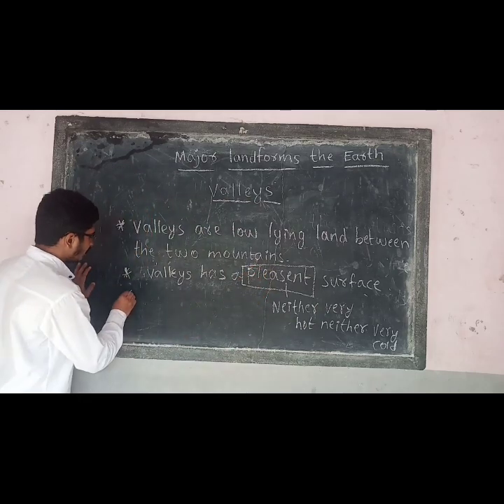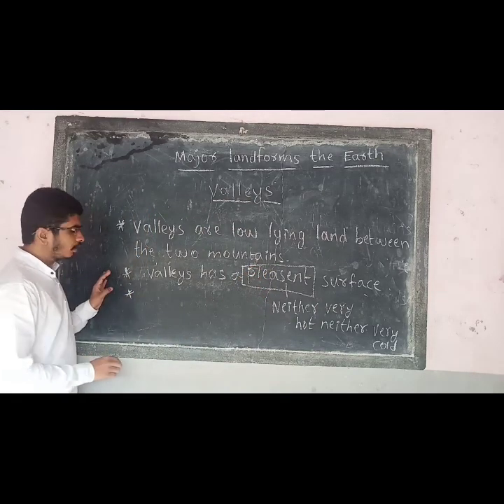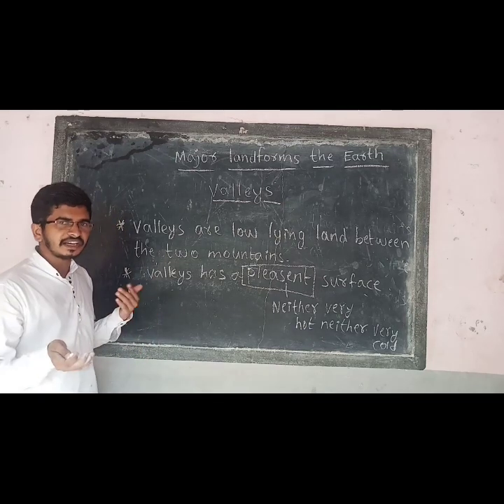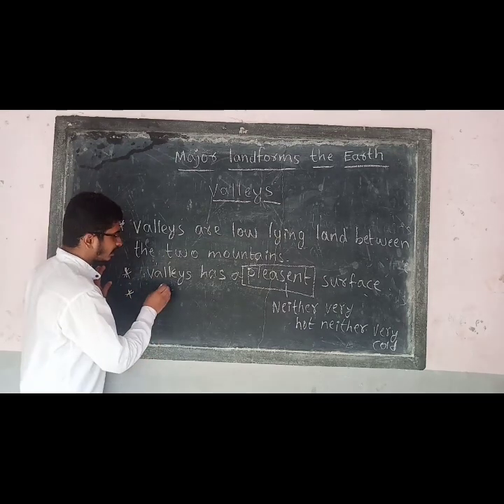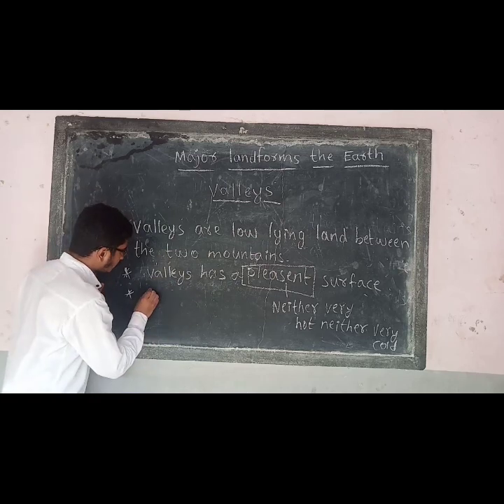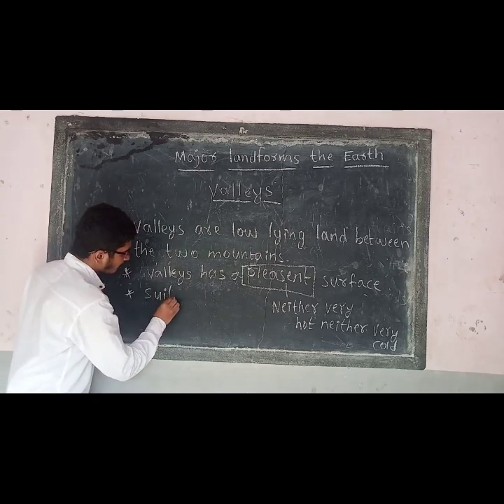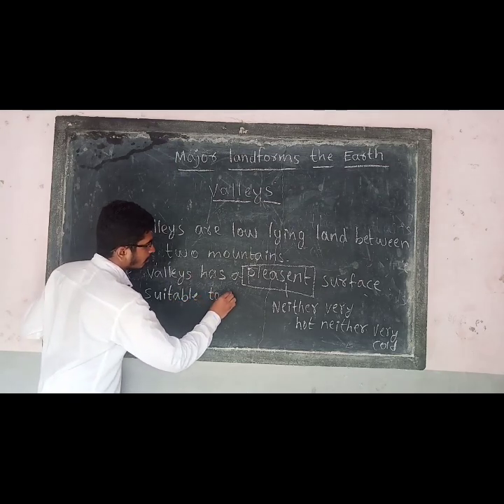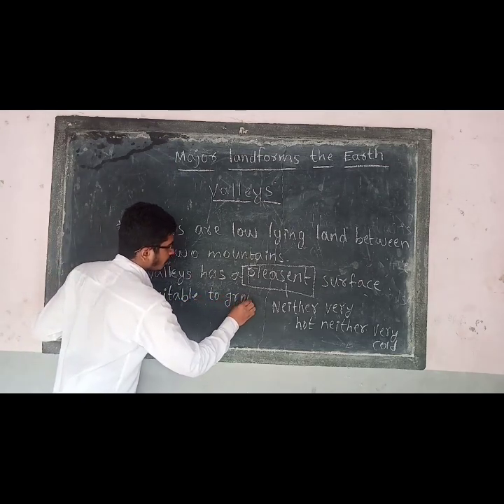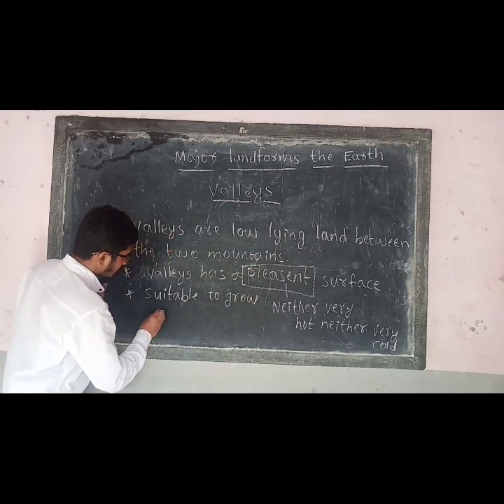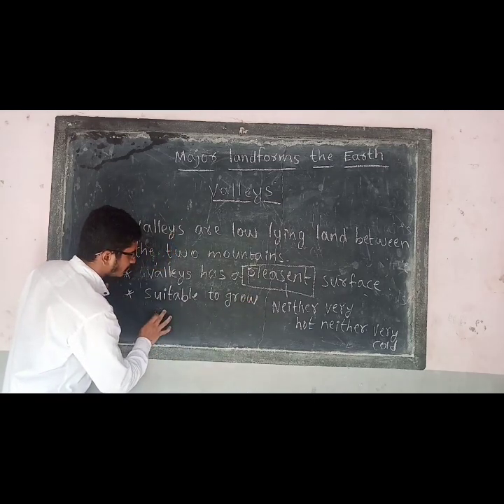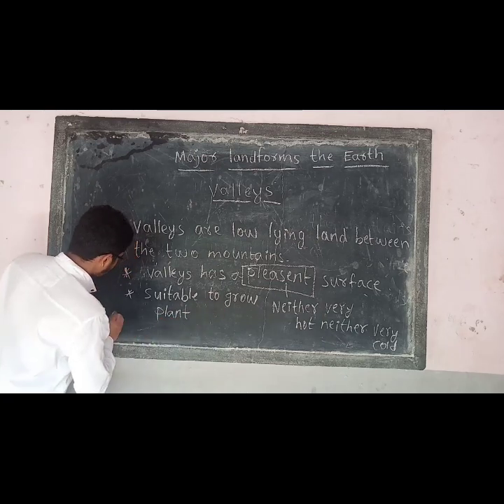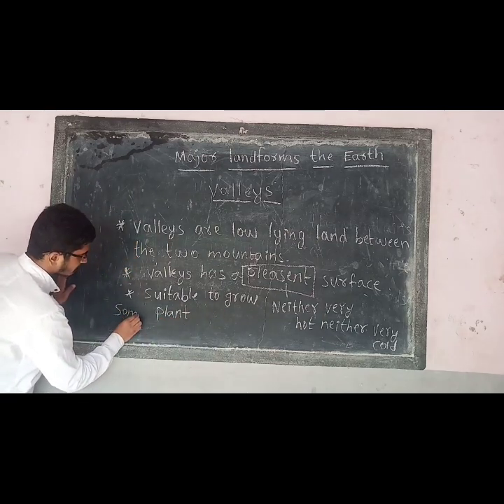And here it is suitable to grow some types of plants. Not many different types of vegetation are there, right? But here it is good and suitable to grow some plants.